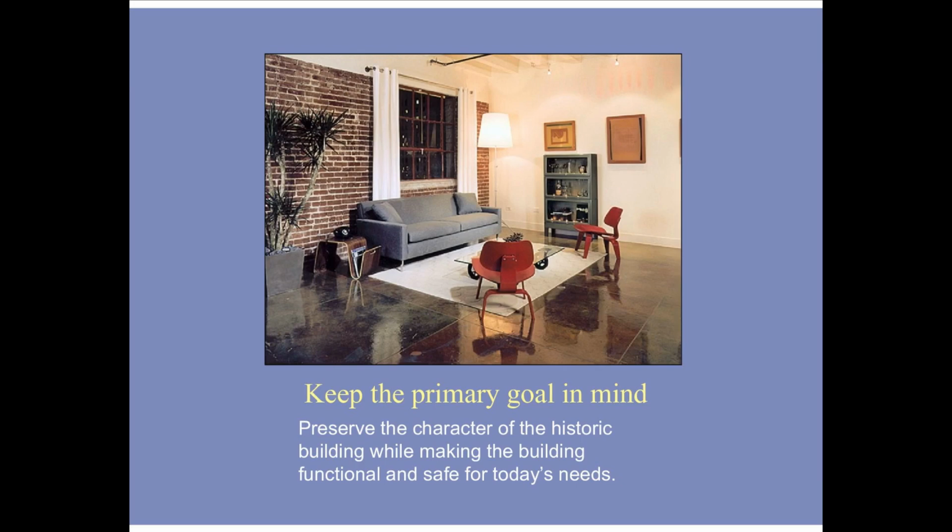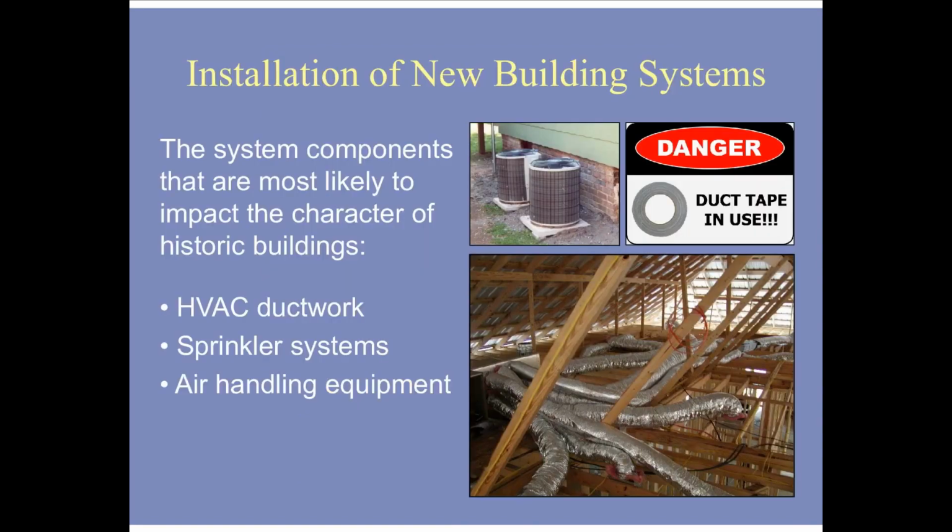So the goal is to preserve the character of the historic building while making the building functional and safe for today's needs. The system components that are most likely to impact the character of historic buildings are HVAC ductwork, sprinkler systems, and air handling equipment.